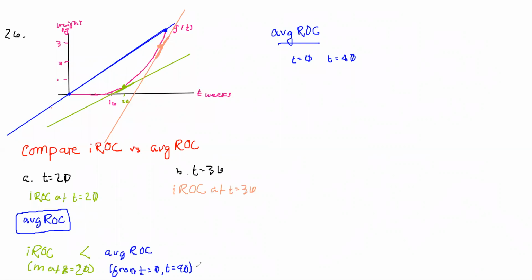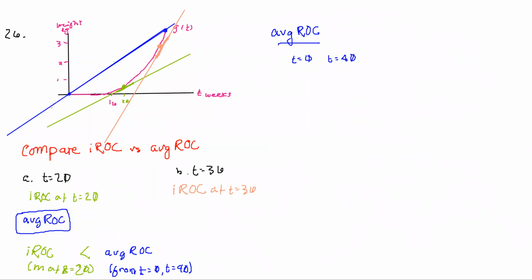So what I'm saying here is that comparing the average rate of change to the rate of change at week 20 is not going to be the most accurate, because at week 20 it is growing slower than it would if we just looked at the average.